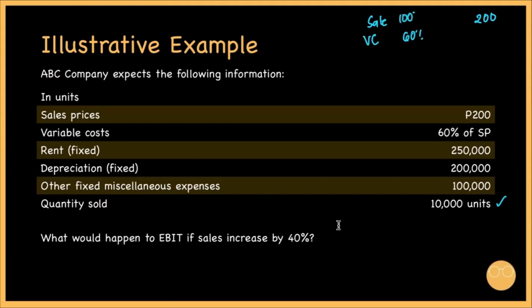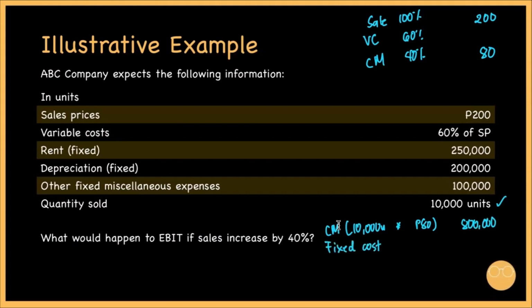Sales is 100%. Therefore, our contribution margin ratio is 40%. Then let's get 40% of 200. Our contribution margin is 80 pesos. So our total contribution margin should be 10,000 units multiplied by 80 pesos, which gives us 800,000, less our fixed cost.